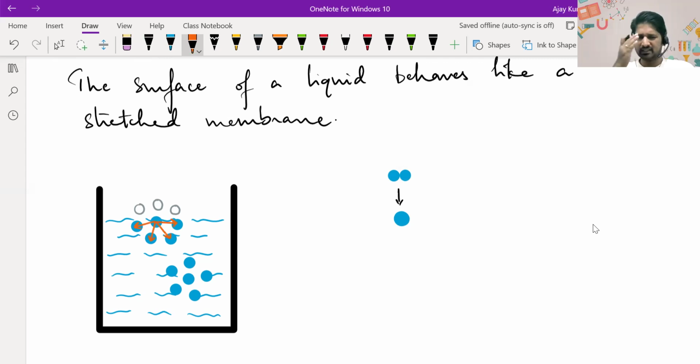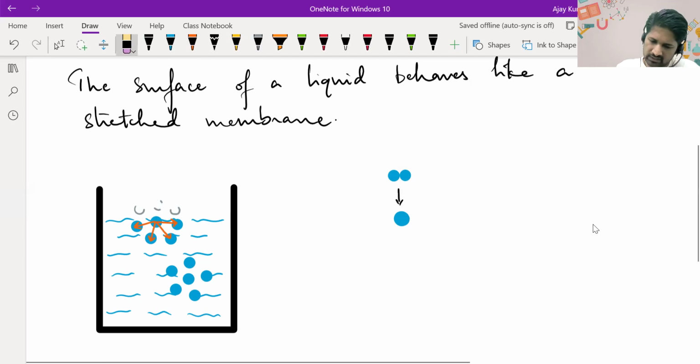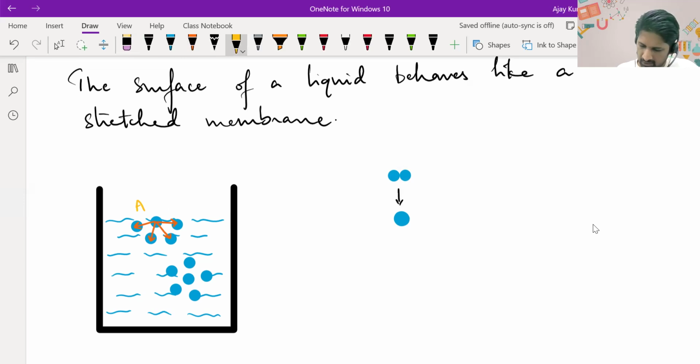On the upper side, there are air molecules or gas molecules. They may not be exerting much attractive force on this liquid molecule. So this molecule A experiences attractive forces only from one side effectively. The one in the bulk of the liquid, let's call it B, experiences attractive forces from the surrounding molecules in all directions.